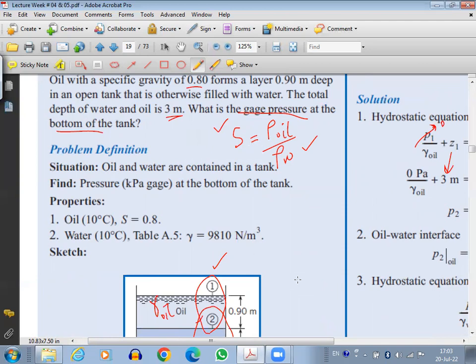So gamma oil will be equal to rho of oil multiplied by g.